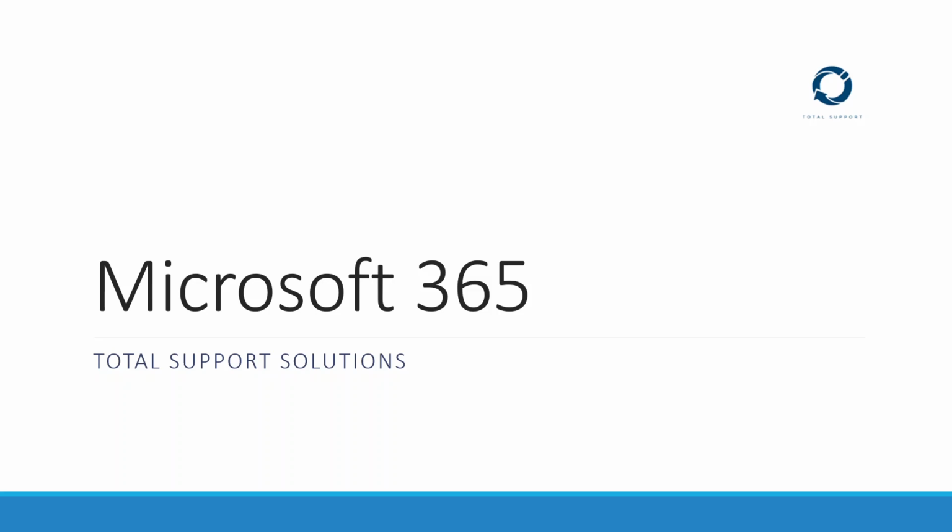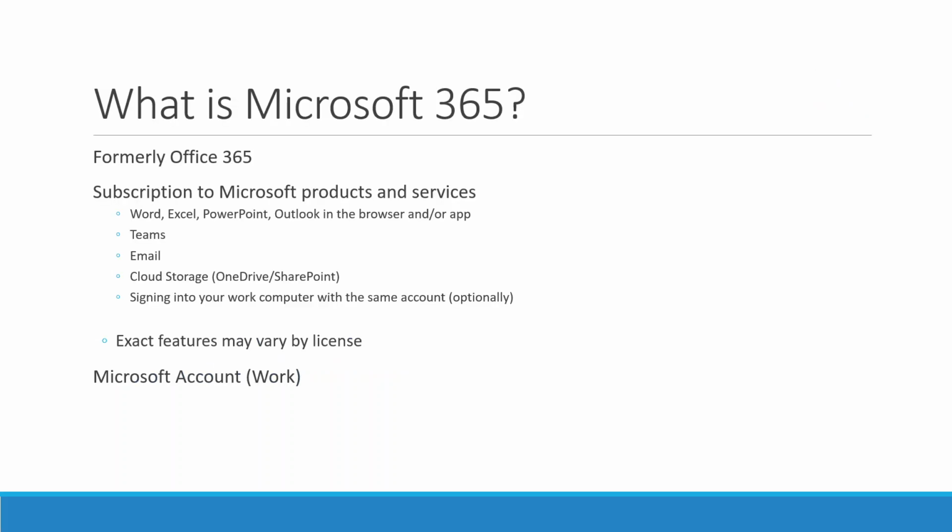Microsoft 365, also formerly known as Office 365, is a subscription to various Microsoft products and services. All of these services are tied together with something we call a Microsoft account.